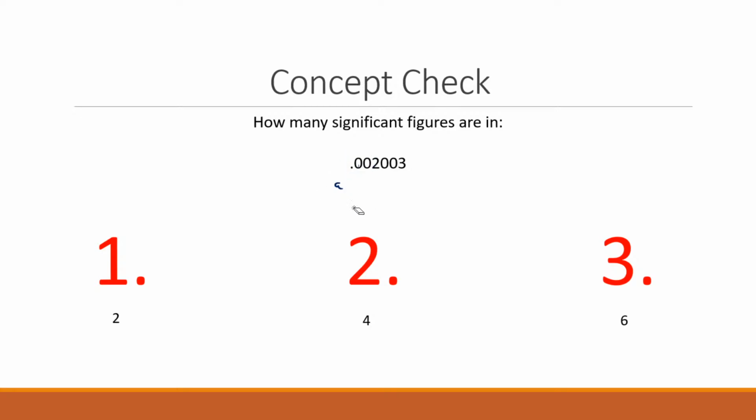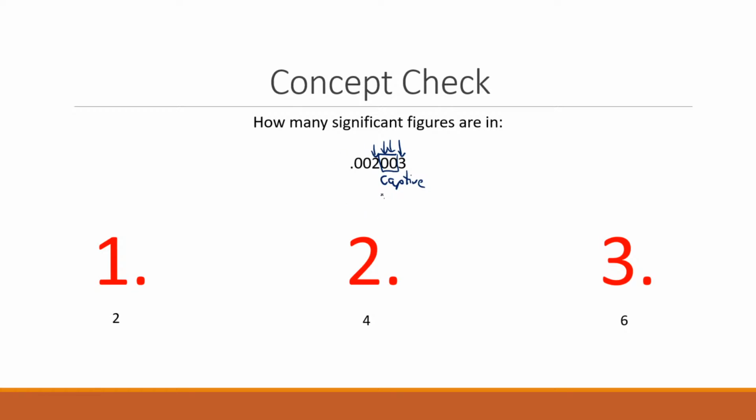We also have two captive zeros, two zeros in between. These zeros are significant. There's no way for me to measure this 2 and this 3 without also measuring the numbers that come between.